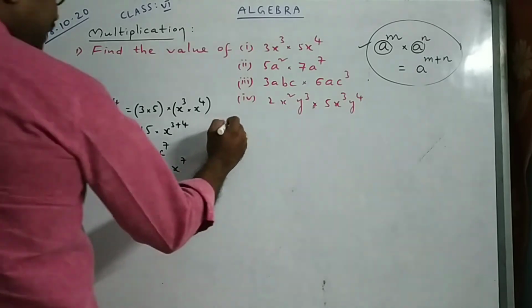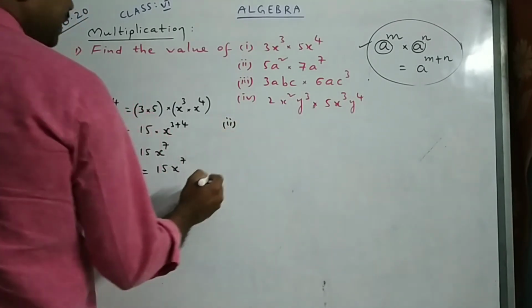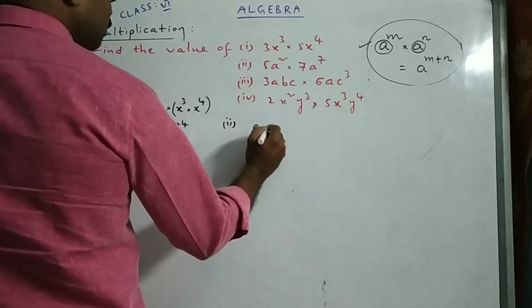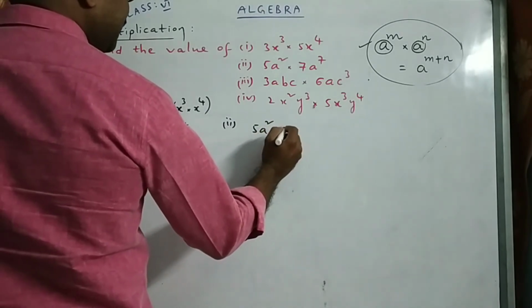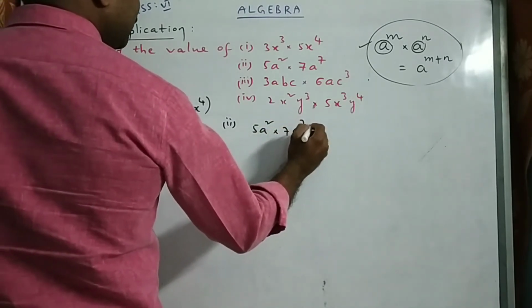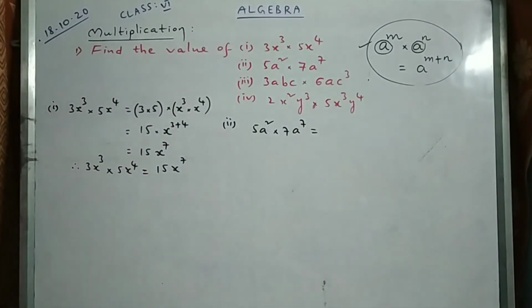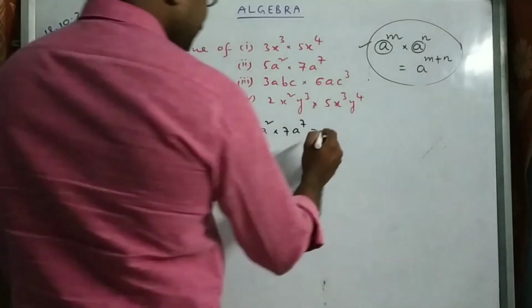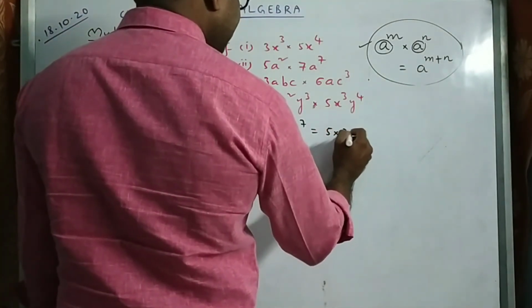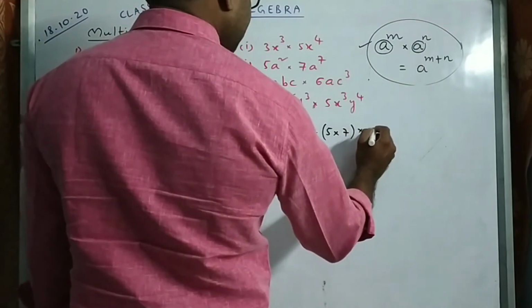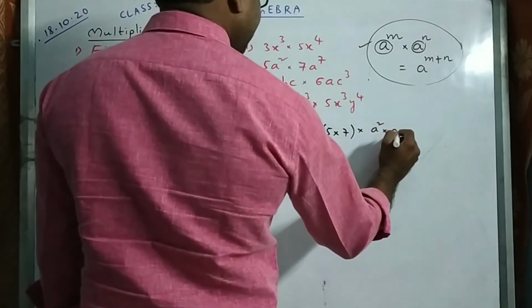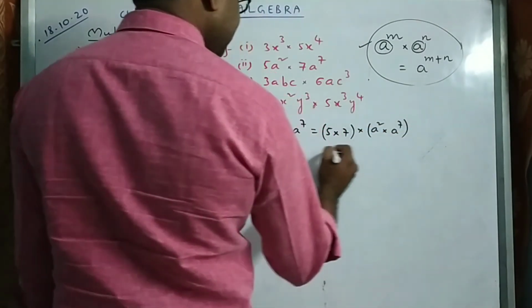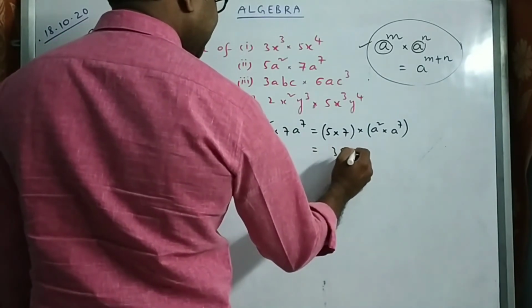So when I read, you should see. Listen carefully. You should know how to read them. 5a square into 7a to the power 7. So regroup the terms here. 5 into 7 together into a square into a to the power 7 together. So 5 sevens are 35.